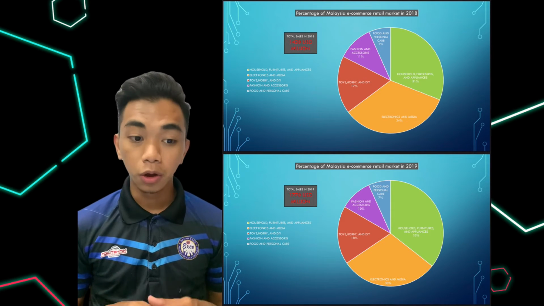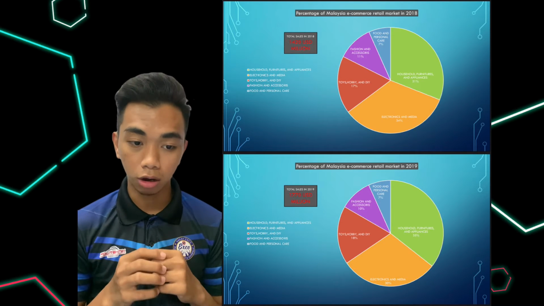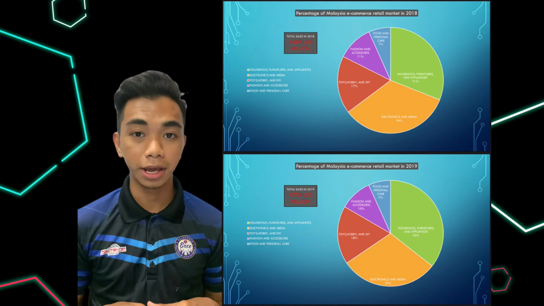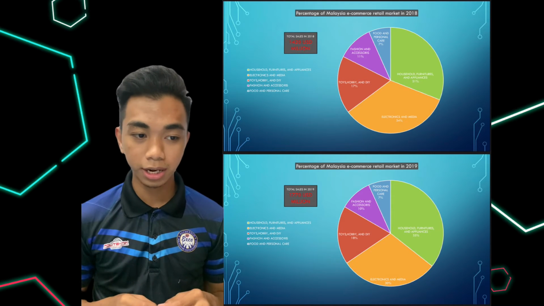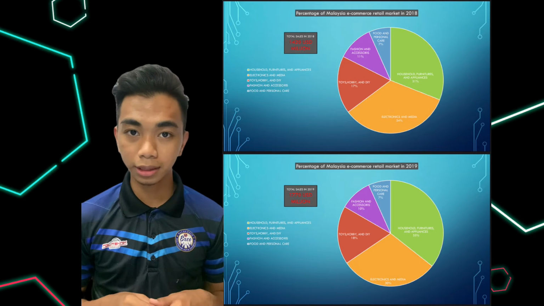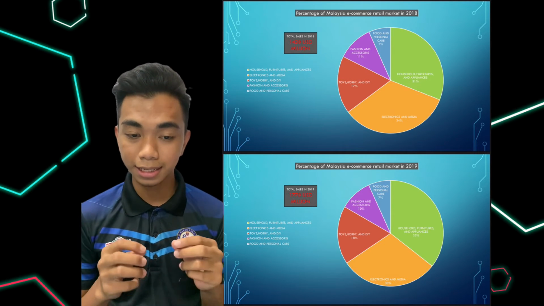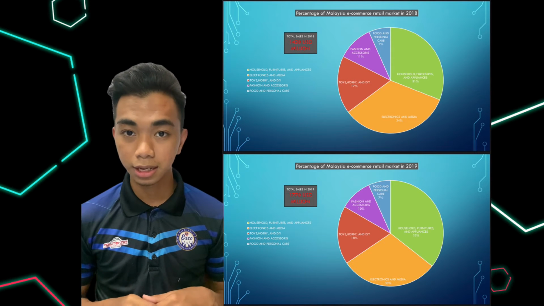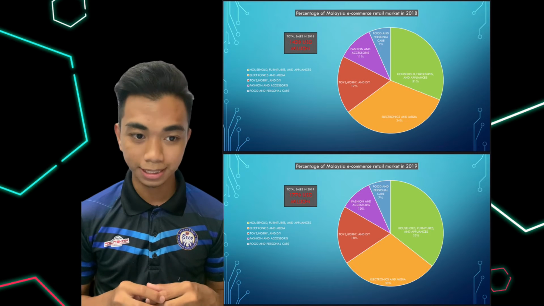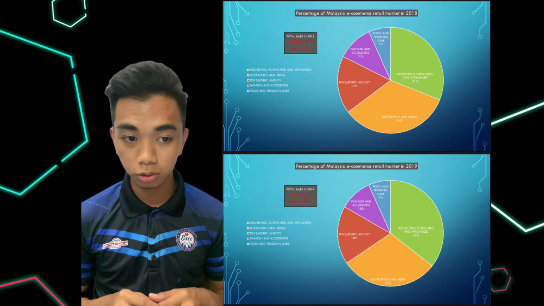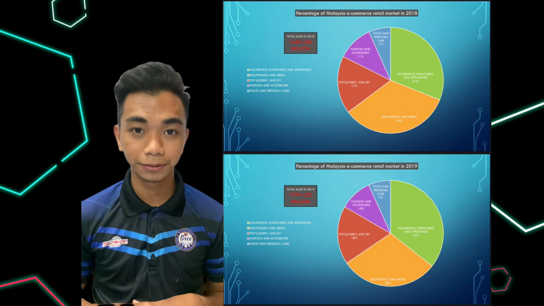Firstly, we go to the green part, that is household, furniture and appliance. The percentage of Malaysia e-commerce retail market by the total sales increased 4% from 31% in 2018 to 35% in 2019.